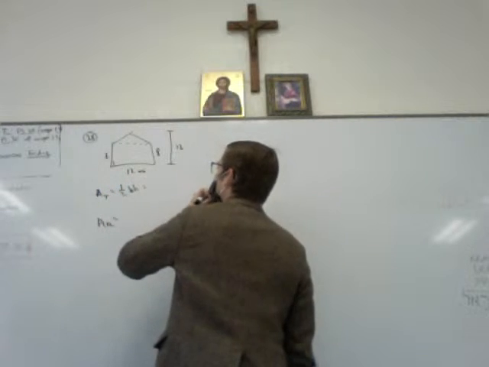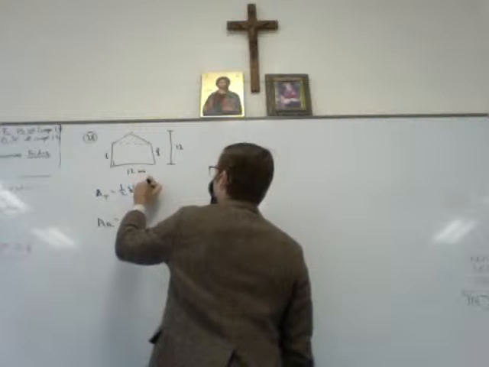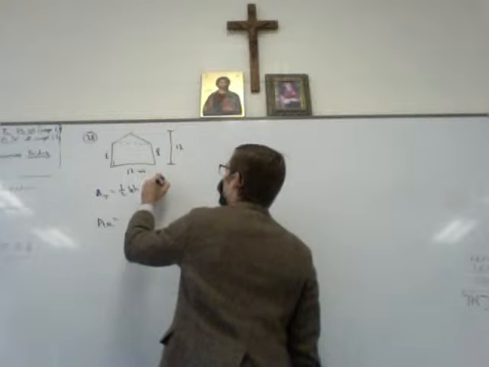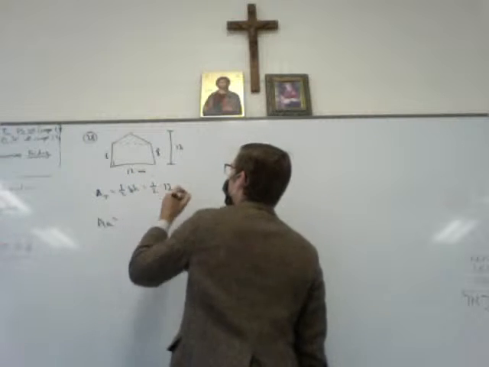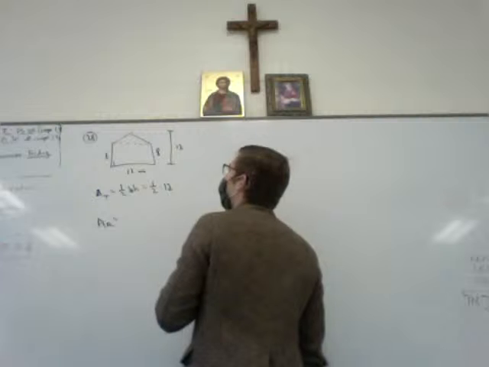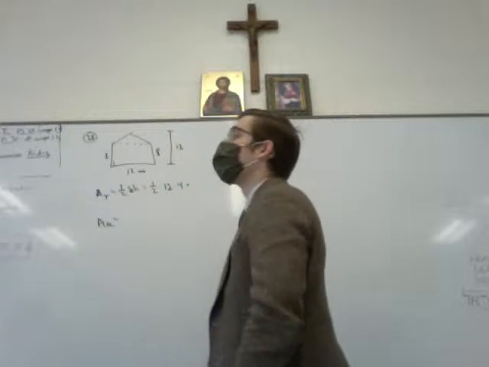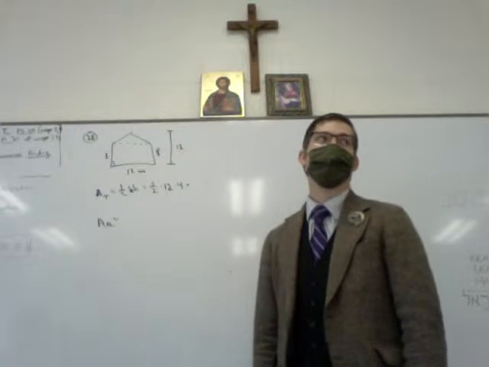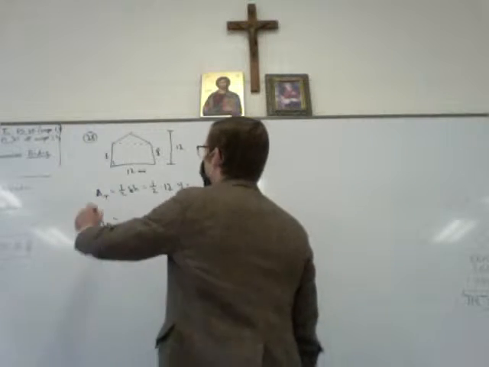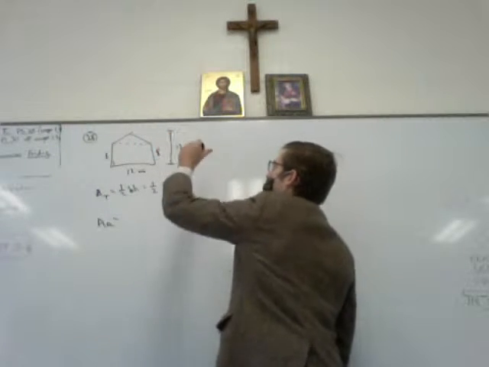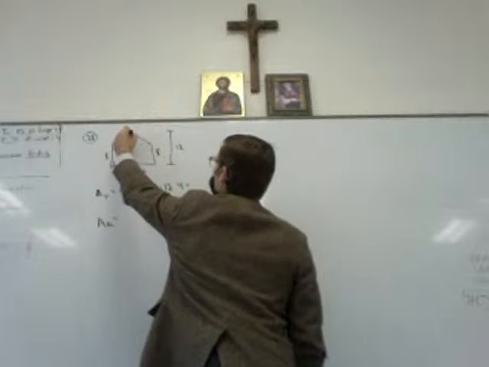So what's the base of this triangle? 12. Is 12, and what's the height? 4. How'd you get 4 for the height? Because the maximum height is 12 and the rectangle has 8. Right. This is 8 miles high, the whole thing's 12, so this has gotta be 4.